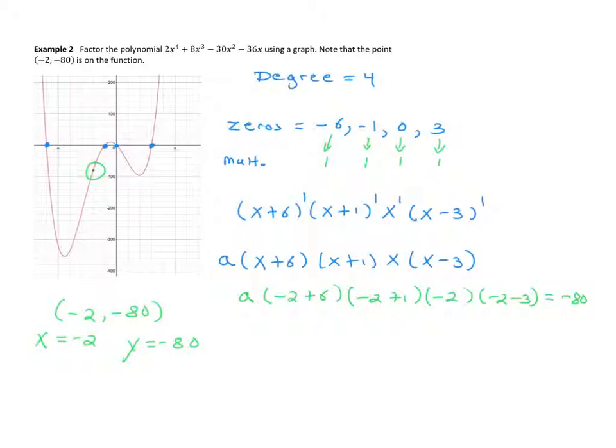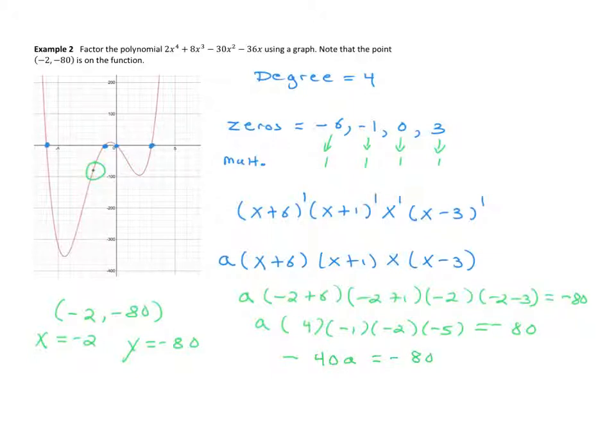So let's do that. This is a times, we get 4, -1, -2, and -5. That has to equal -80. I have 3 negative values on the left, so it's going to be a negative number times a. 4 times 5 is 20, and times 2 is 40. So that's -40a, and this should be equal to -80.